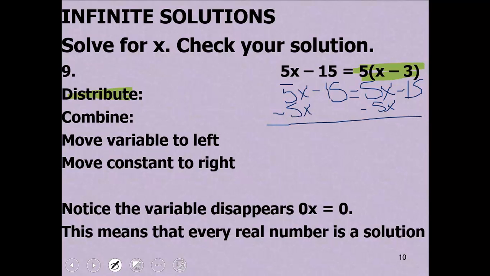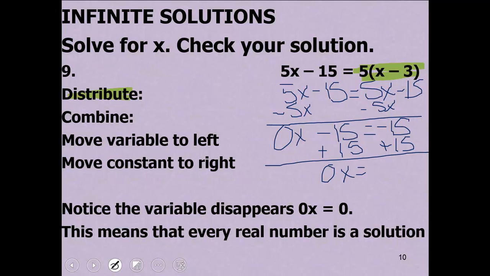And I get negative 15 is equal to negative 15. And I get 0x here. Now let's add 15 here, if we just stay with it. And I get 0x is equal to 0. All right?